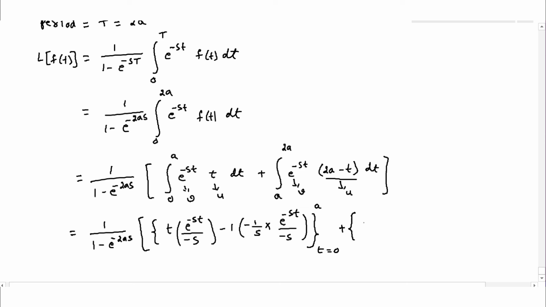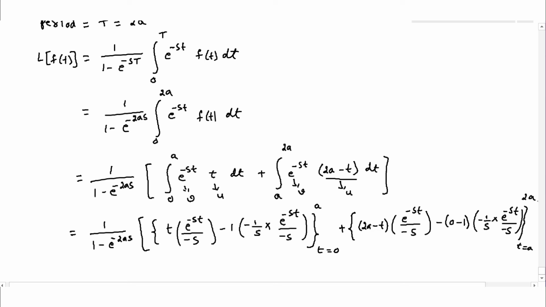So it is u value, so 2a minus t into v1, it is e power of minus st, you have to integrate it, e power of minus st by minus of s, minus of differentiation of 2a is 0 minus differentiation of t with respect to t will be 1 into minus 1 by s is constant, integration of e power of minus st will be e power of minus st divided by minus of s. So that completes the integration. Limit values are t is equals to a to 2a.